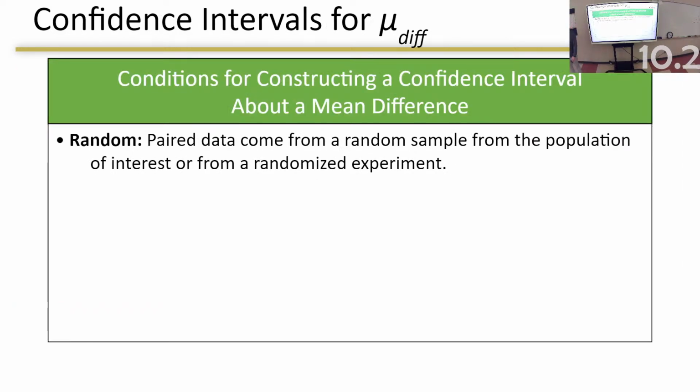Here are your conditions, and you already know these conditions because they're the exact same conditions from Tuesday. The paired data comes from a random sample. Somewhere or another, we've got to start talking about this stuff being paired. We have a random sample of paired data.